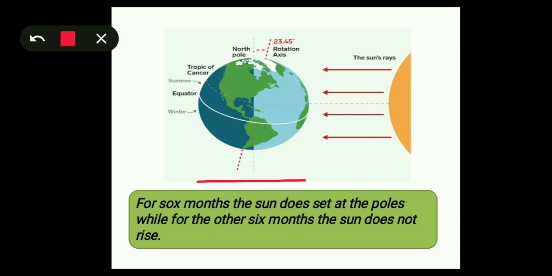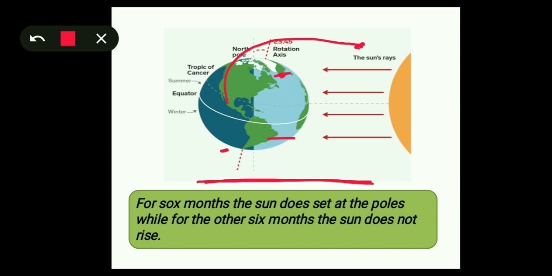This is the rotation axis, and because of this rotation axis, for 6 months sun will be there, and for the next 6 months when it goes like this around here, then here the sun will rise, and this place will not see the sun for another 6 months.